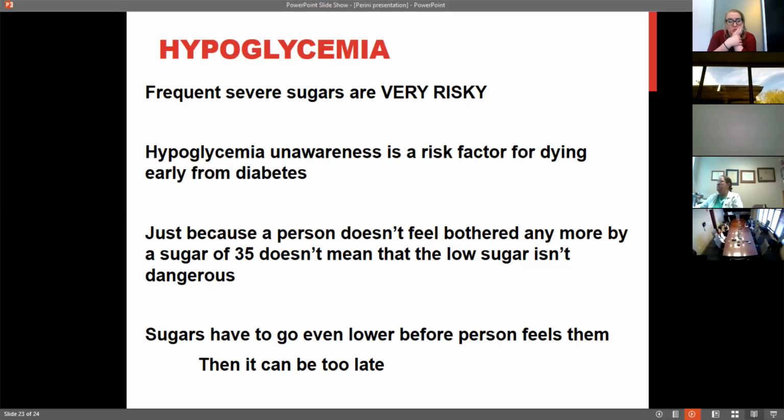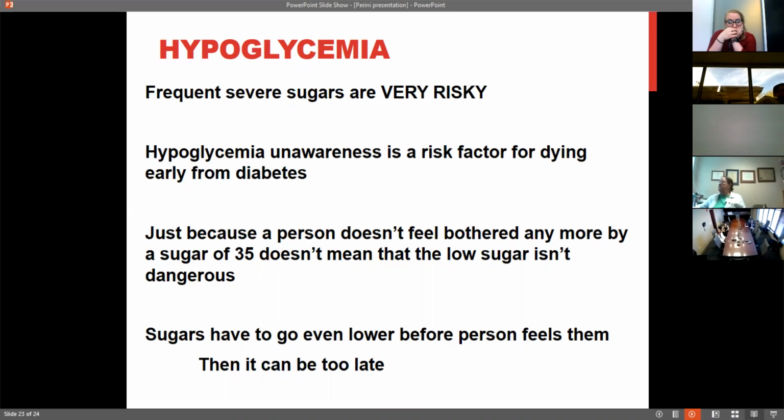So if she says, I don't feel my sugars dropping until they're in the 30s or even in the 50s, this is something we call hypoglycemia unawareness. This is extremely important to know if your patients have this, and extremely important to try to fix.